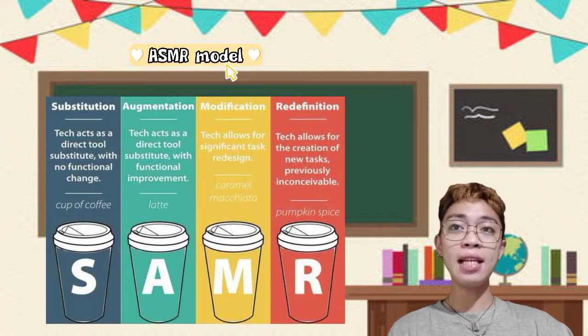One is the SAMR model. This framework was created by Dr. Ruben Puentedura and categorizes four different degrees of classroom technology integration. The letters SAMR stand for substitution, augmentation, modification, and redefinition. This model allows teachers to evaluate how they are using technology in their instructional practices.